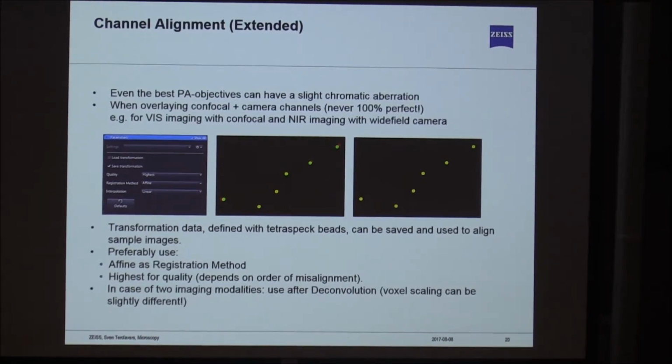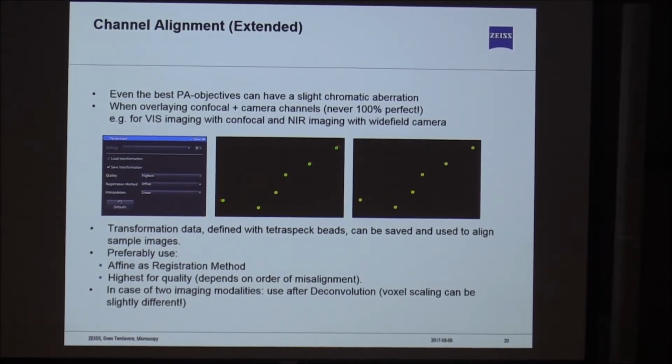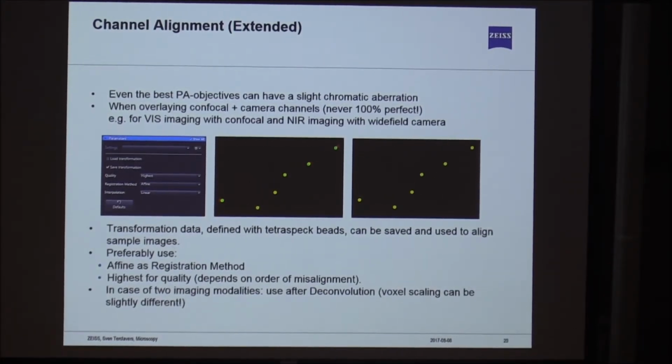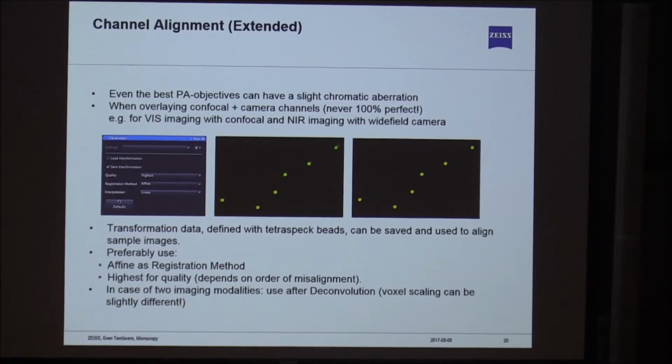You can also apply channel alignment in the Zen Blue software. Channel alignment is something that we always advise. Actually, you have to do it when you use Elyra for super resolution. What happens is that even with the best plan chromat objectives that are made, below the diffraction limit, you might still have a certain shift between the different dyes.